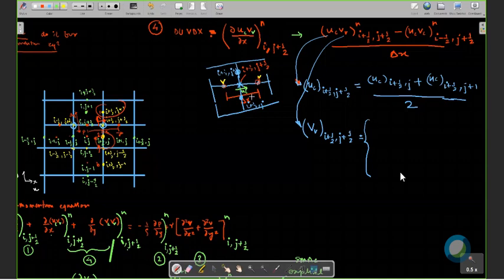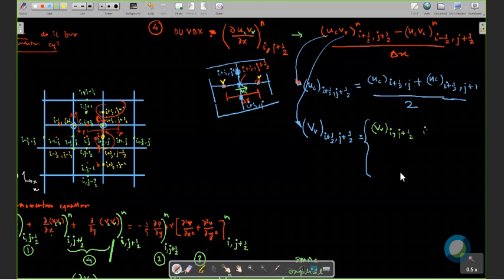So if UC is positive, then this value. What is this value? V at what is this point? i comma j plus half. Okay.